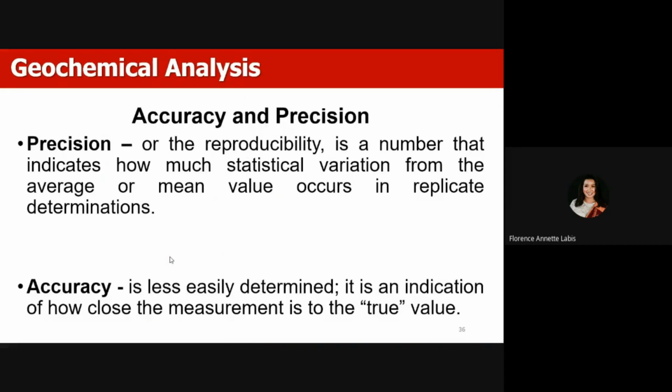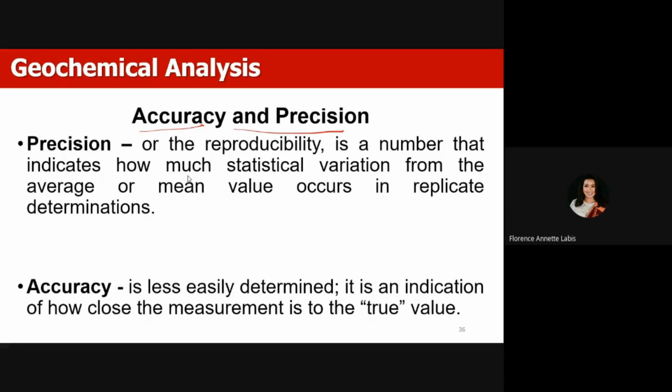Okay, so in geochemical analysis, we always have to make sure that we include accuracy and precision. Any measured value should be accompanied by a statement of accuracy and precision, indicating the reliability of your data. Precision, or reproducibility, is a number that indicates how much statistical variation from the average or mean value occurs in replicate determinations.